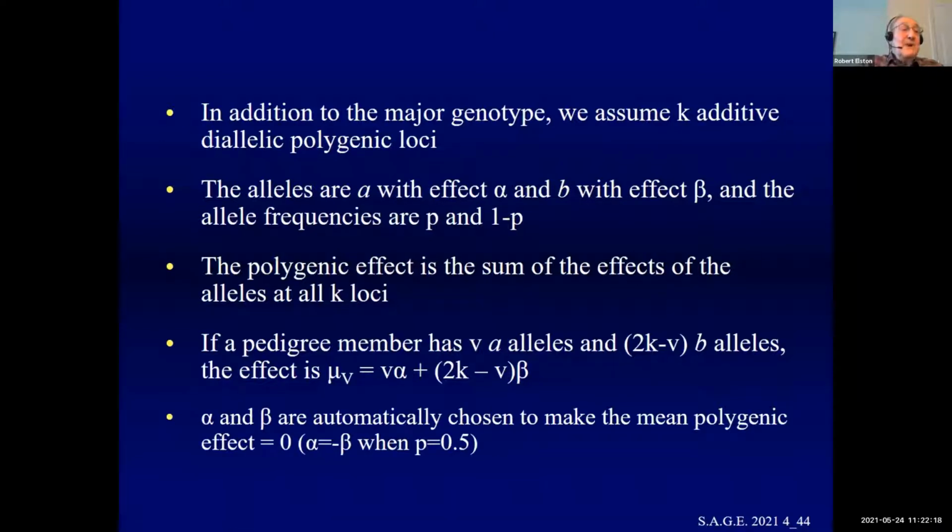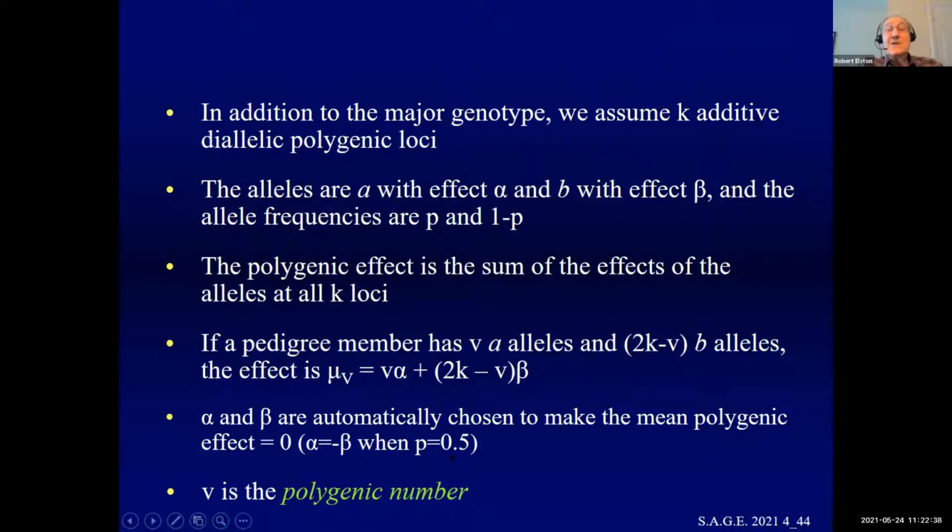Alpha and beta are automatically chosen to make the mean polygenic effect 0, which means that alpha is equal to minus beta when P is 0.5. And V is the polygenic number. Now, when we did this, I said, why don't we let people put different values for P?